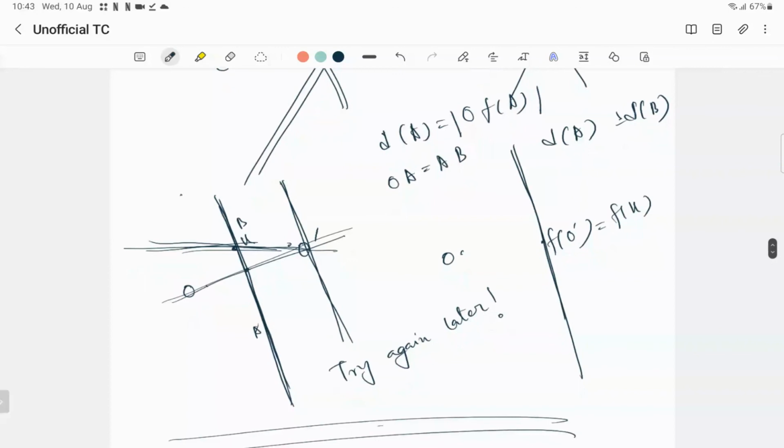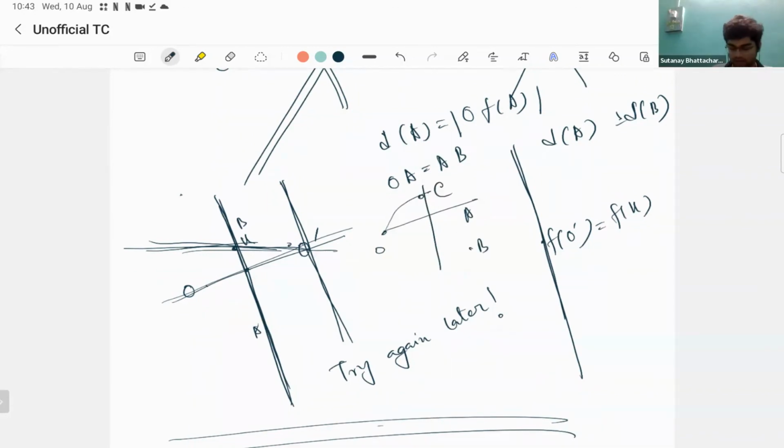So essentially, you draw the perpendicular bisector of OA and then intersect it with the circle with center B and radius BO. Right. Let's see. So then we get that f of A is at least f of B, which is at least f of C.